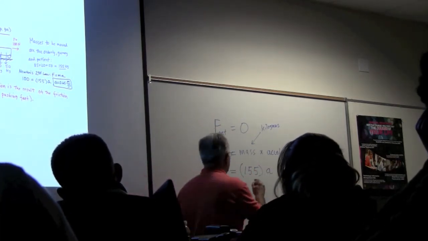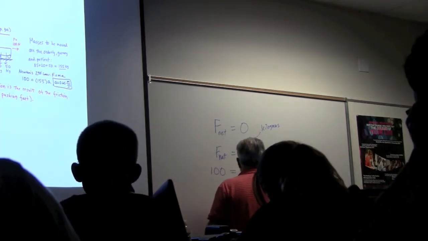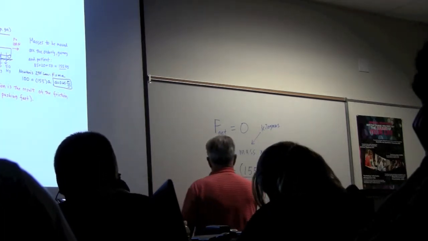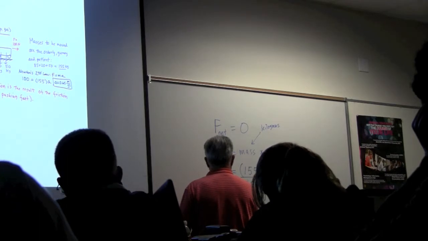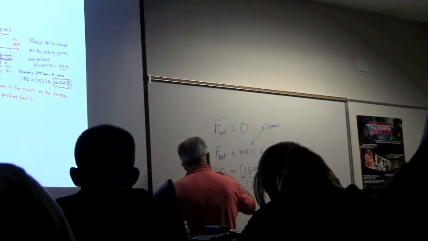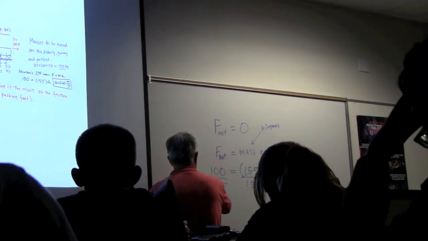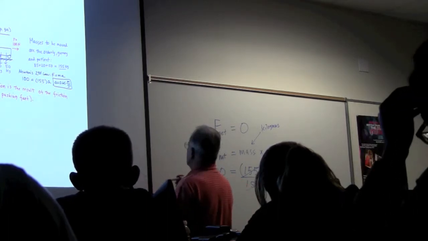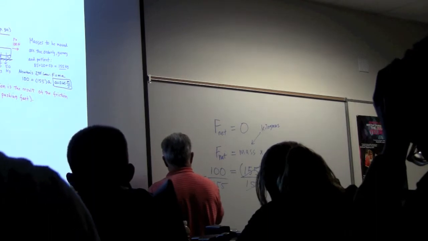Okay, so to solve this, you divide both sides by 155. They cancel on this side. So then the acceleration equals 100 over 155, which I figured up there, 0.65.